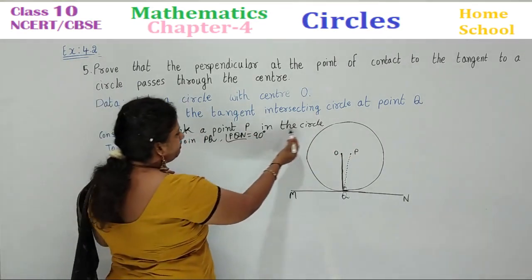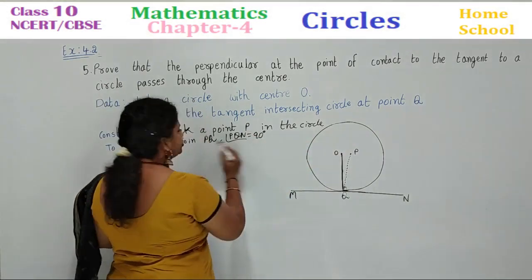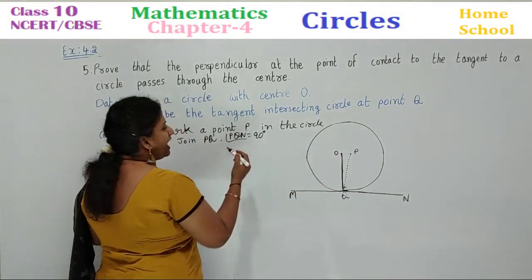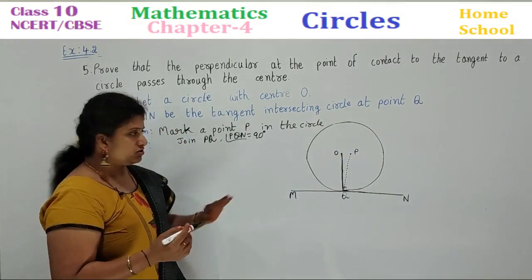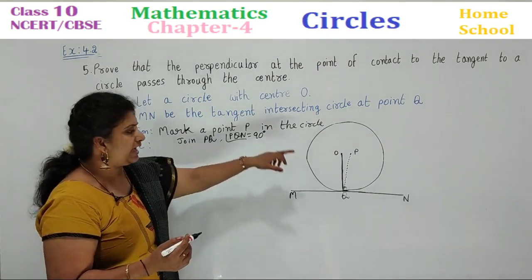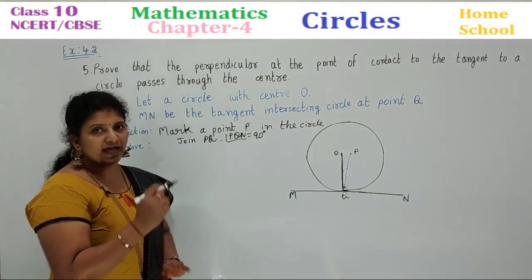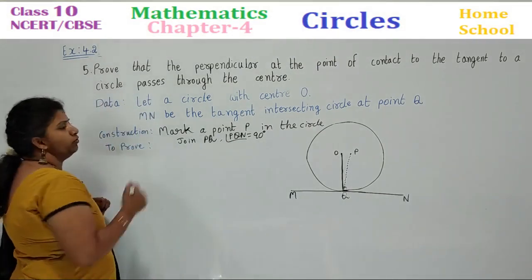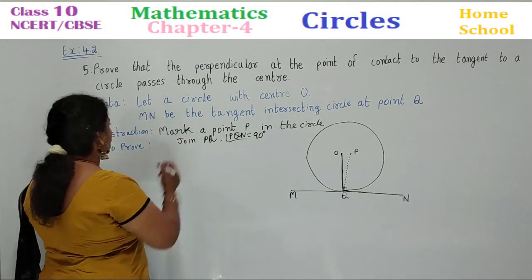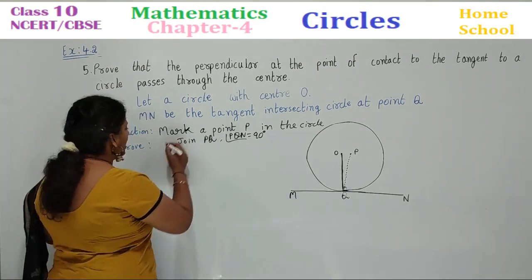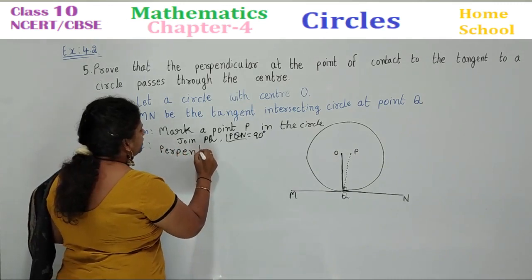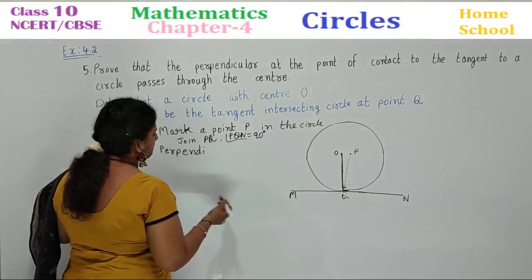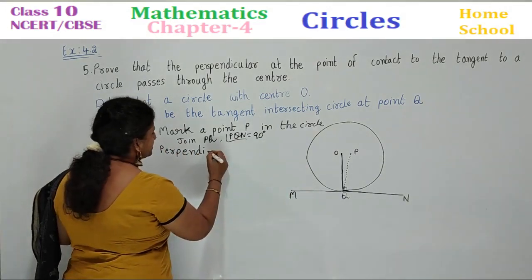Construction. Mark a point P in the circle. Join PQ. I assume that P might be any center. So, if I assume, then angle PQN is equal to 90 degrees. To prove, what I need to prove here? I need to prove that perpendicular. Now, both the lines are perpendicular according to our assumption.